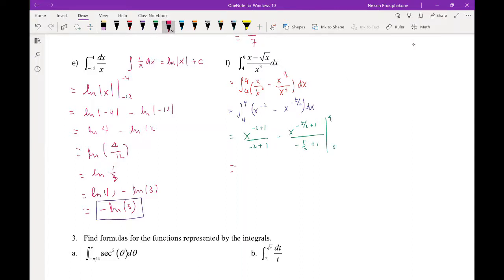Then of course, this one right here, you will see that this is negative x to the -1 plus this one, -5 over 2 plus 1 is -3 over 2. So negative being positive, therefore I will have 2 over 3 here, x to the -3 over 2.